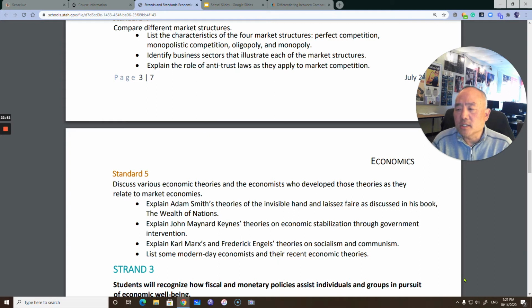Karl Marx and Friedrich Engels are the fathers of communism and socialism, if you will. I don't know if I could say I disagree with a lot of their thoughts. They had some concerns about capitalism.